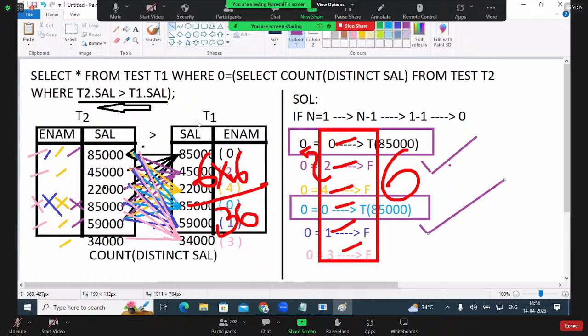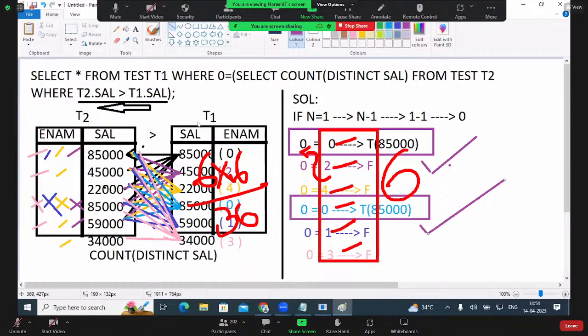That is one case. The second one: your requirement is not fulfilled by using a non-correlated subquery, there you can use a correlated. Other than these two situations, don't use correlated, because it is a very time-consuming process.